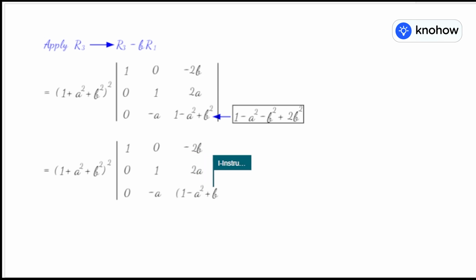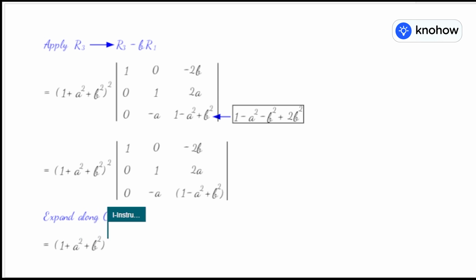And now obviously we can expand along C1. (1 + a² + b²)² is already there.